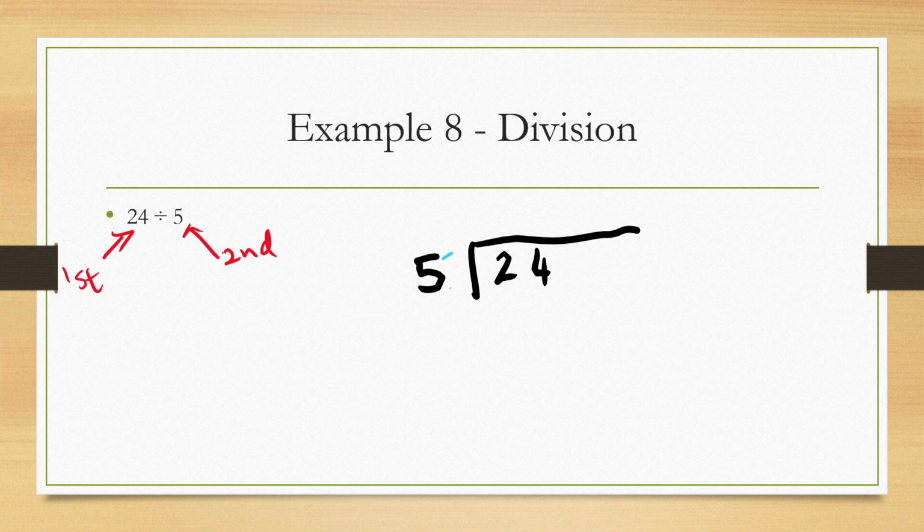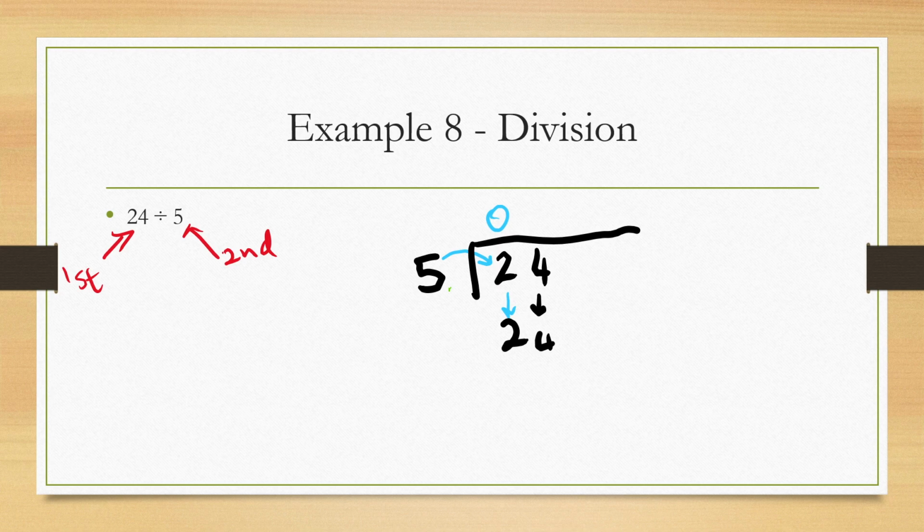You're going to first start off by looking to see how many 5s go into 2. Well, there are 0 5s that go into 2. So because there are no 5s going into 2, you're going to bring the 2 down and you're going to bring the 4 down. When you bring the 4 down, it becomes 24. This is a little different, but in another example, it will be much clearer.